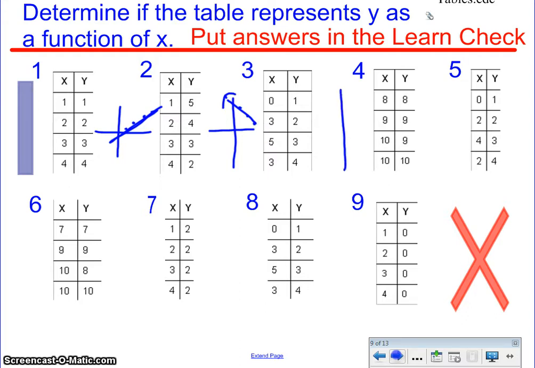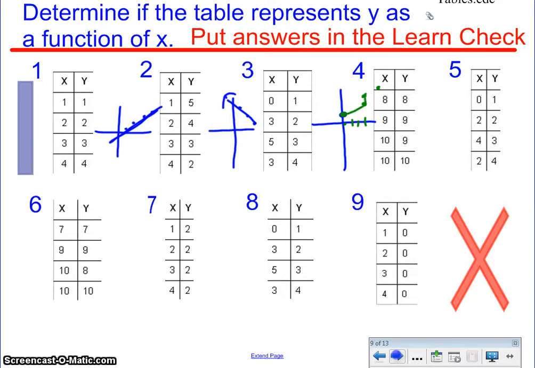Now, let's look at number 3. I've got 0, 1, which is right there. I've got 1, 2, 3, 2, so right up there. I've got 5, 3, so it's up there. It looks good so far. And then I've got 3, 4, which is right there.